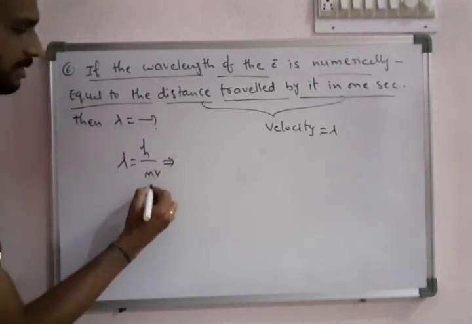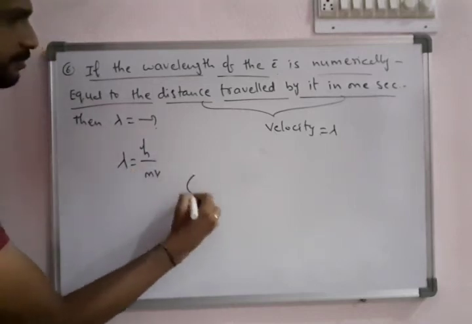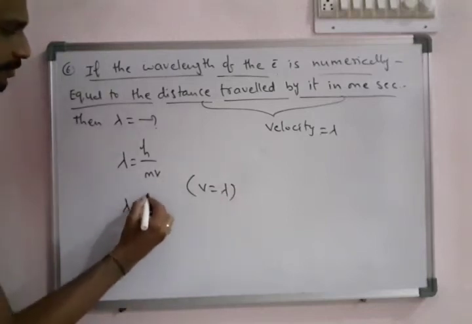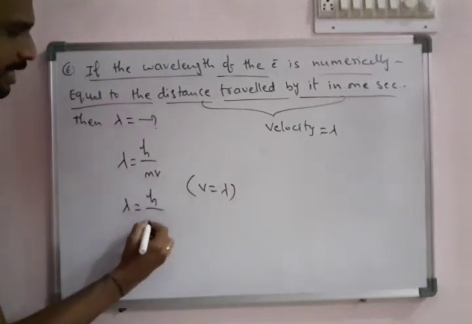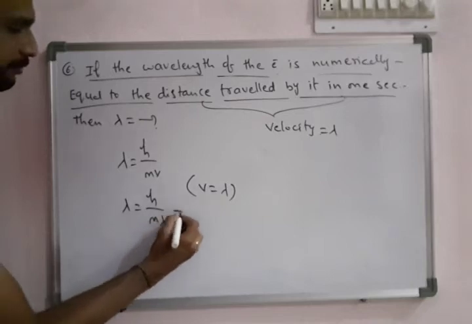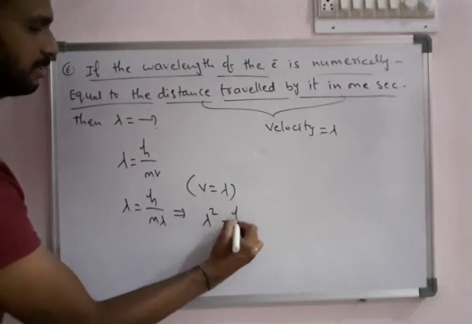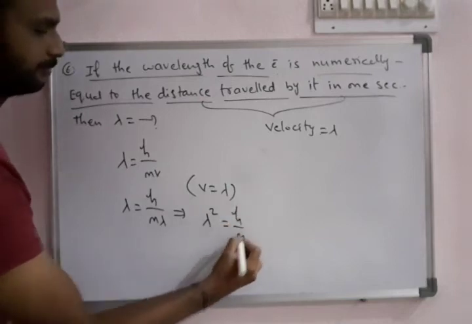Here it is given that velocity is equal to lambda, so in the place of velocity we can write lambda, giving lambda square equal to h by m.